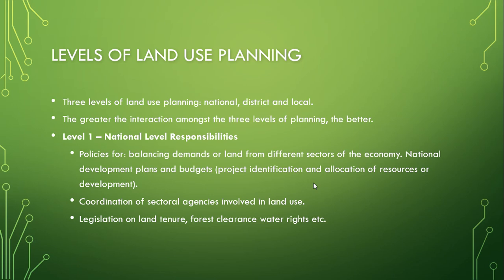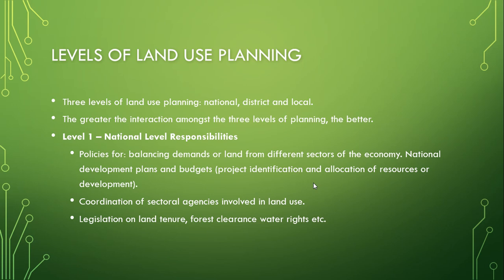For example, level 1, the national level responsibilities. So this is what takes place usually at government level. At this level, the government would be responsible for developing national policies that would drive the way in which land is used within our national borders. What are our priorities?